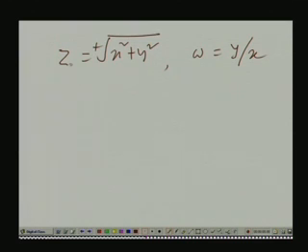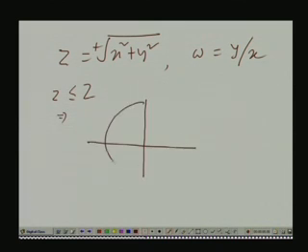Here, if small z is less than or equal to some capital Z, this amounts to a circle of radius capital Z. So, the whole area inside the circle corresponds to Z remaining less than or equal to capital Z. That is very obvious. But how about this?